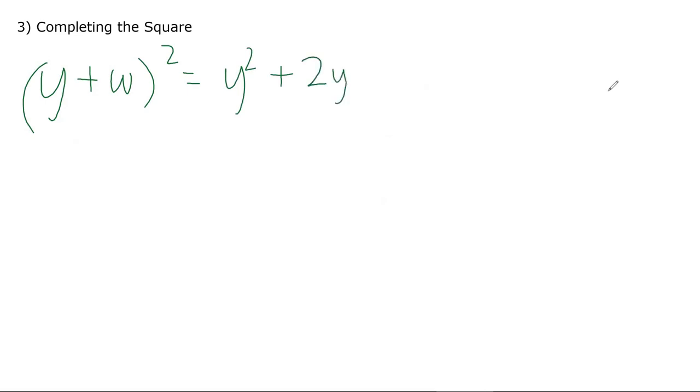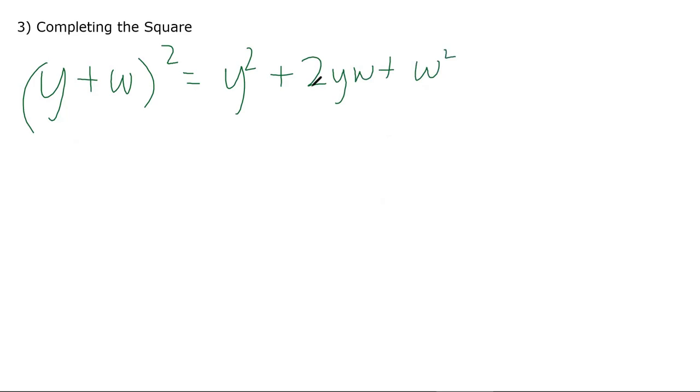So let's say, just as an example, y plus w squared is equal to y squared plus 2yw plus w squared.